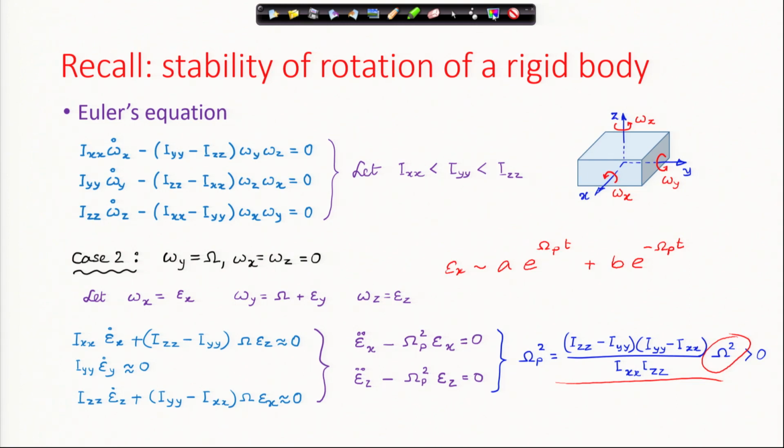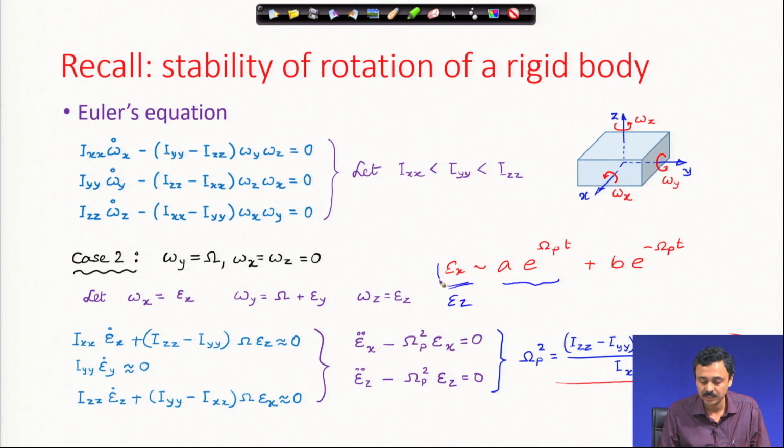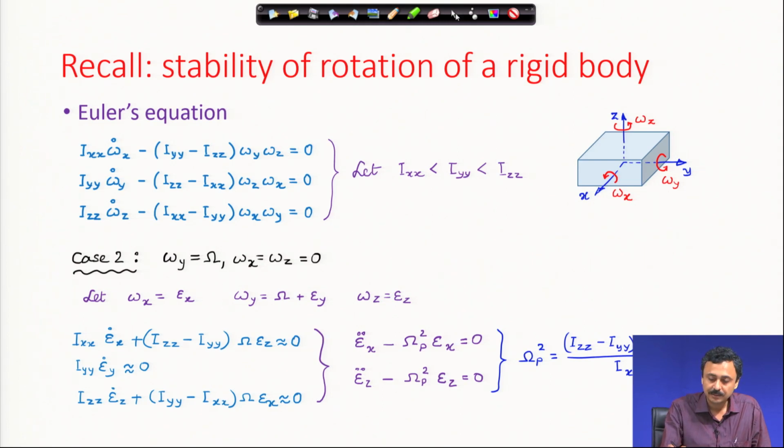You will note that we have an exponentially diverging term. Therefore, this perturbation, and so also the perturbation in z, the perturbation in x and perturbation in z, these two perturbations will diverge. There is a divergence instability.